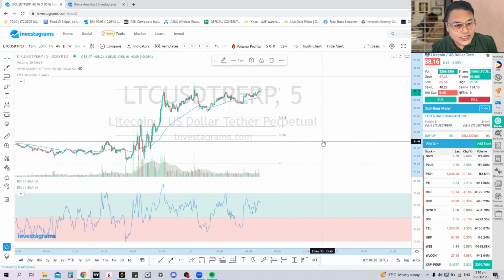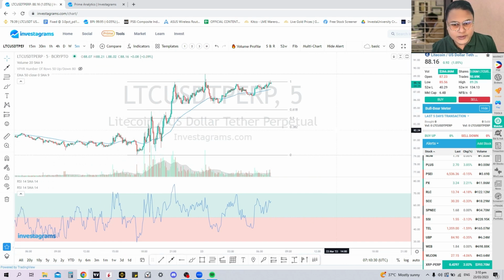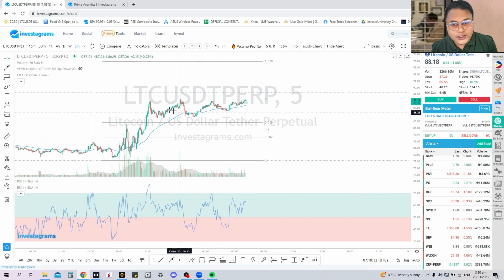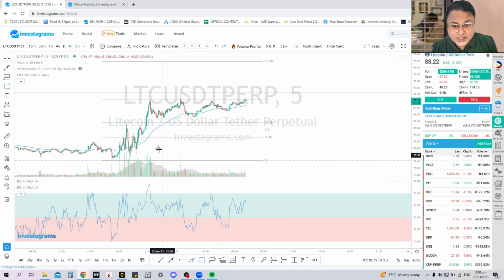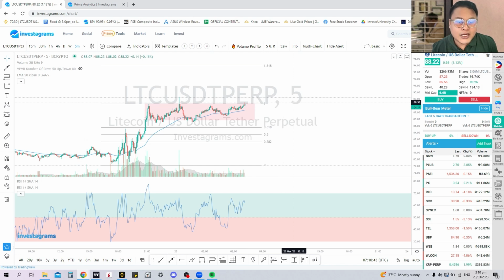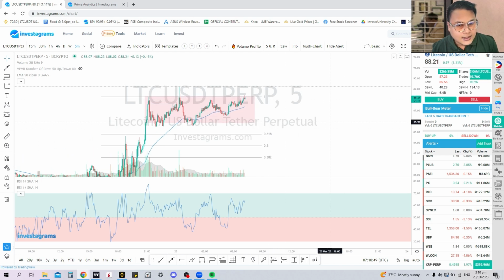So tanggalin muna natin itong initial fib tool natin. So ngayon, 'di ba, parang nagpo-form siya ng ascending triangle or whatever. Basically a base, no? A base propping up for another run up. Parang ganun. So what we want or what we can do is anticipate a breakout dito sa level na yan.